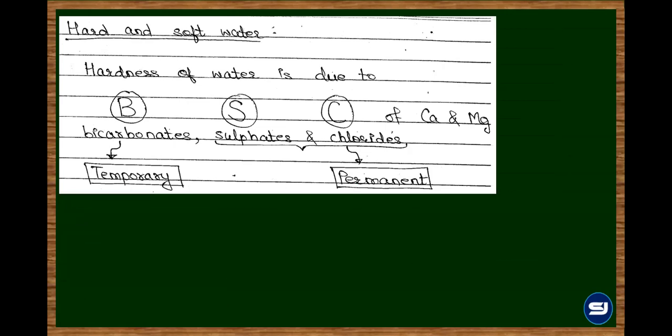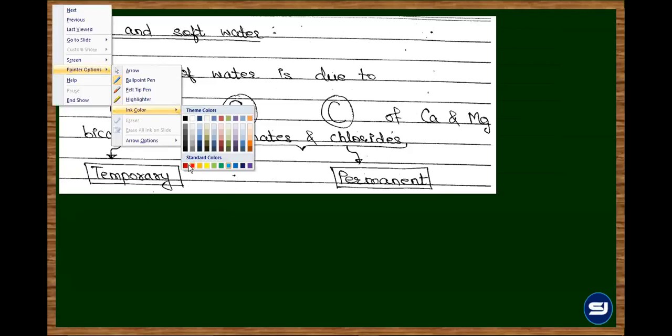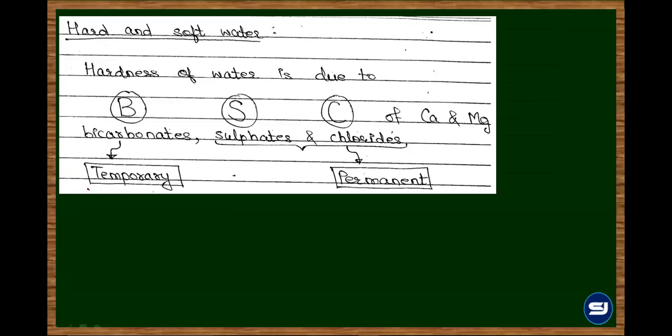The hardness which is caused due to bicarbonate salts of calcium and magnesium is temporary. Bicarbonates का hardness is temporary, and sulfates and chlorides, if present, cause permanent hardness, which is difficult to remove and can't be removed by physical methods.